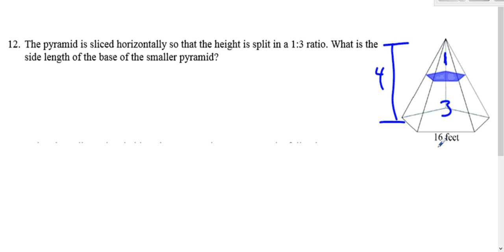So if we divide by 4, since it's split into 4 sections, we just need that upper part, which is 1 section of it. So divide by 4, the base is going to be 4 feet, because there's 4 total sections.